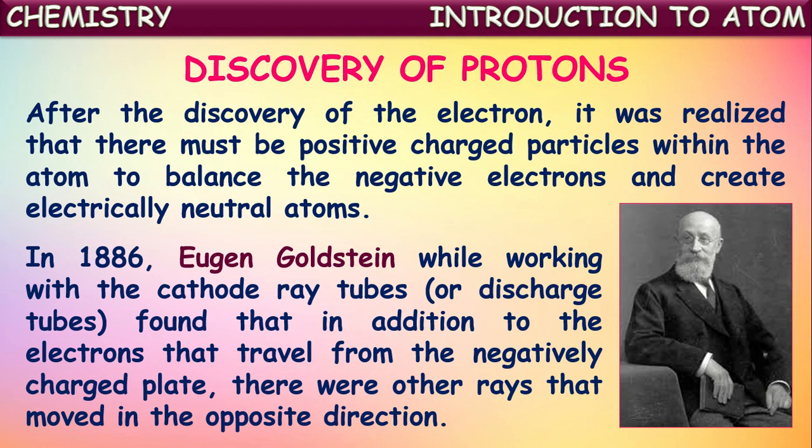With the same experiment, Goldstein found some other particles moving in the opposite direction to that of cathode ray particles, that is, from anode side to cathode side. Later, they called these particles anode rays, which are also called canal rays.